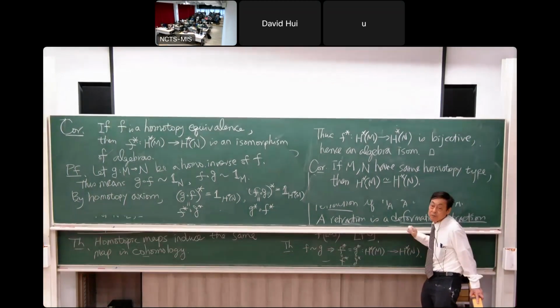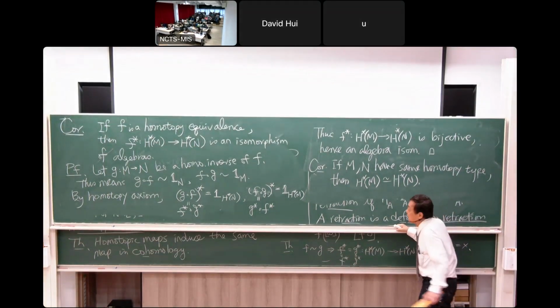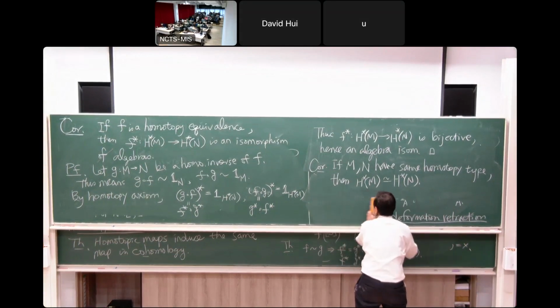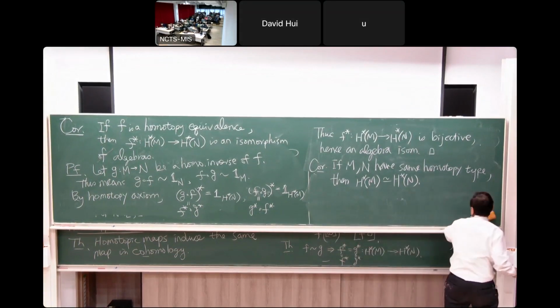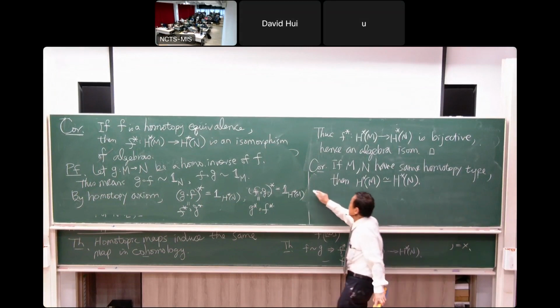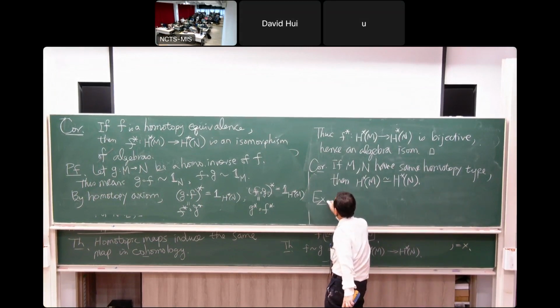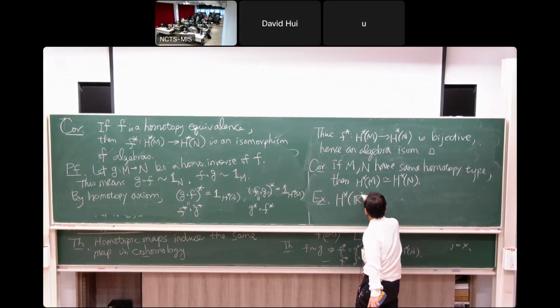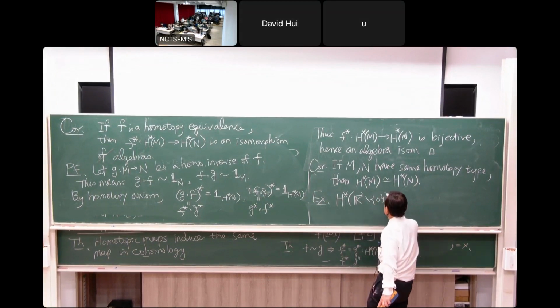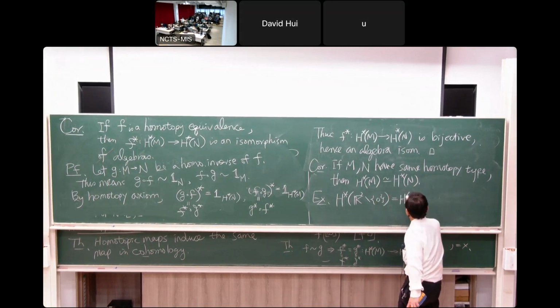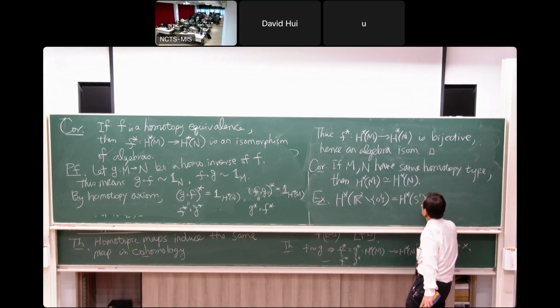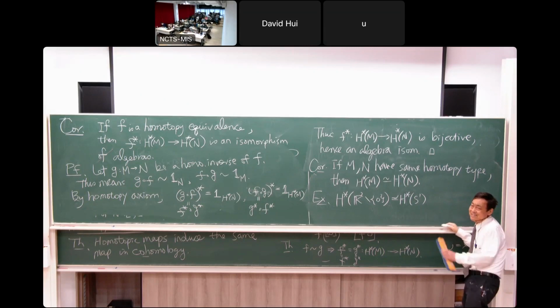And so now, because we know that the punctured plane has the homotopy type of a circle, we know the cohomology of the punctured plane. This should be an isomorphism, but I often write equality.